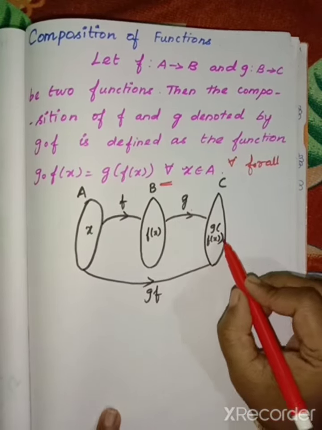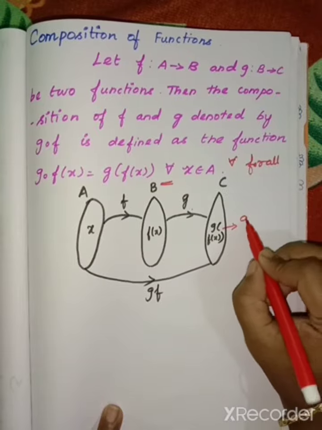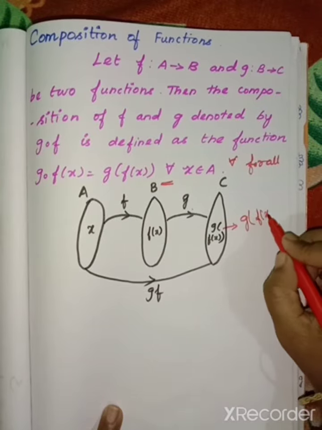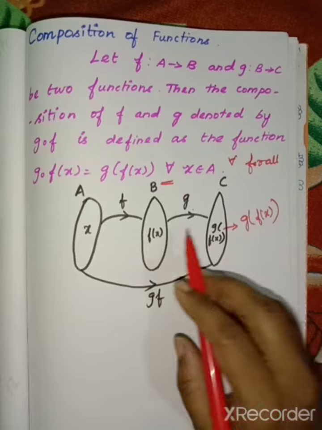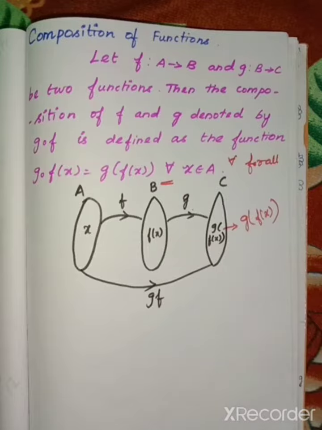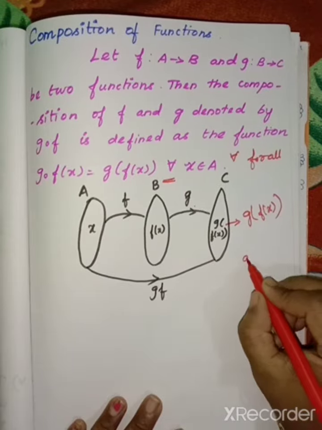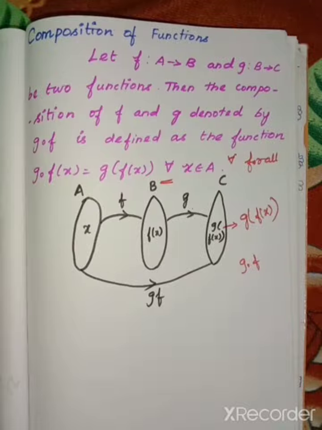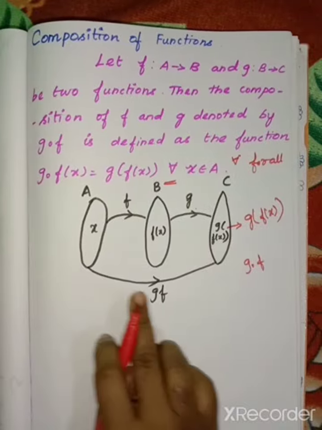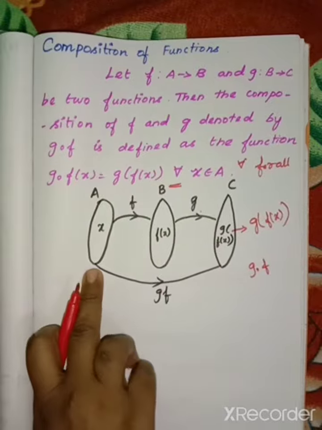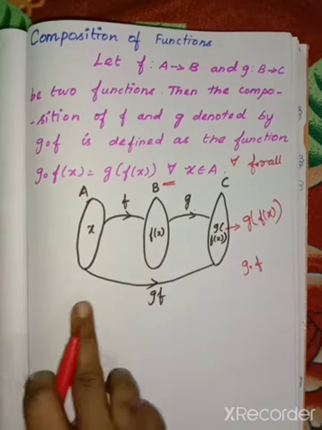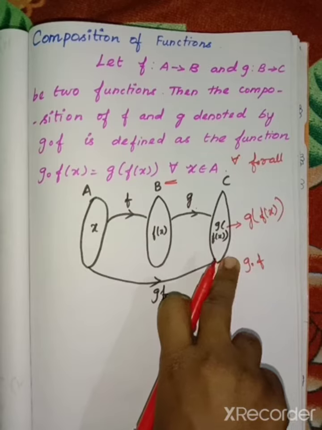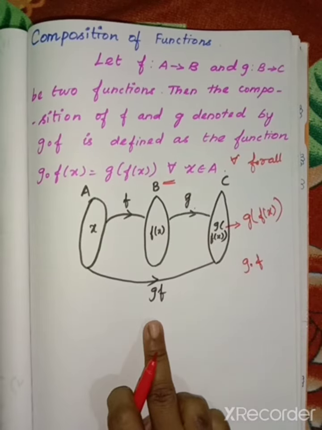Here we have a, here also I have written g of f of x. That is the condition for g of f. We can say that is g dot f, we can't just say g of f, like that we have to say. So here the function moves for x belongs to a, from the a set to c set, that is g of f.